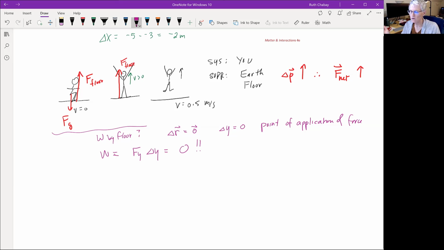And so where did that energy come from? Well, it's something we haven't dealt with yet. The energy came from you. You were metabolizing the Cheerios you had for breakfast this morning. And so that came from internal energy, which is something we haven't talked about yet. But the work done by the floor was actually zero. So we have to pay attention to the point at which the force was applied.